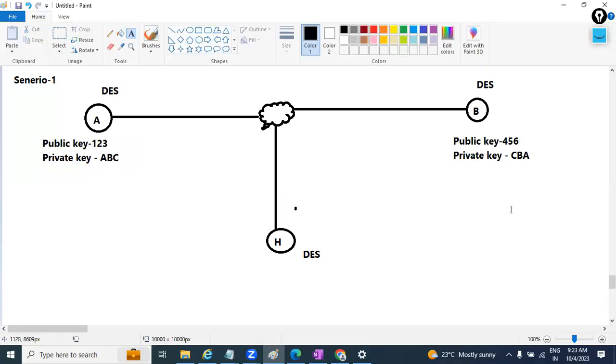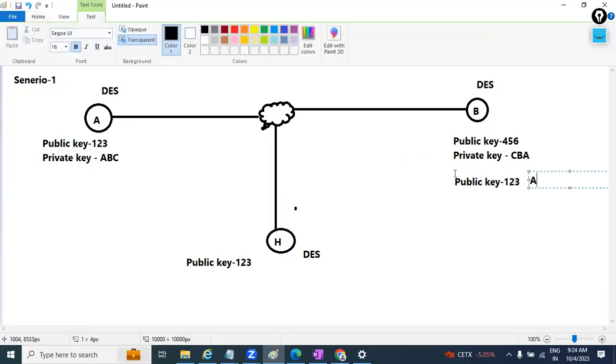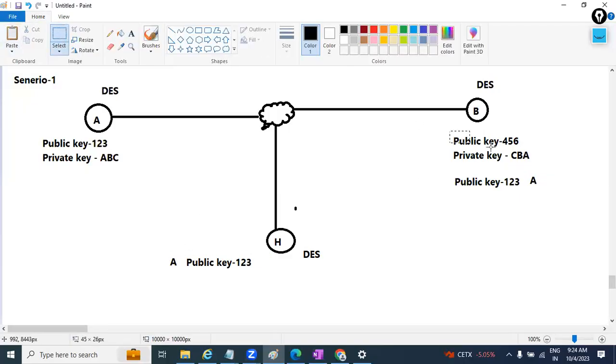Clear or not? As we discussed, public keys we can share. This site is going to share its public key with the other site, sending it over the internet, but keeping one copy. One copy reaches the other site, so this is the public key of site A. On the other side, this is the public key of site B, sent over the internet.